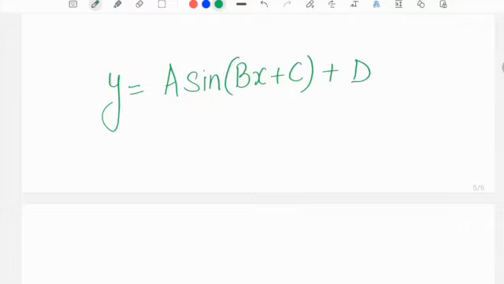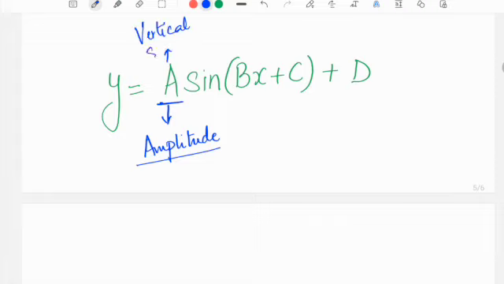Okay, so we have just done that. If the number is in the front, it multiplies the entire function, so that is your amplitude, or that was your vertical stretch.